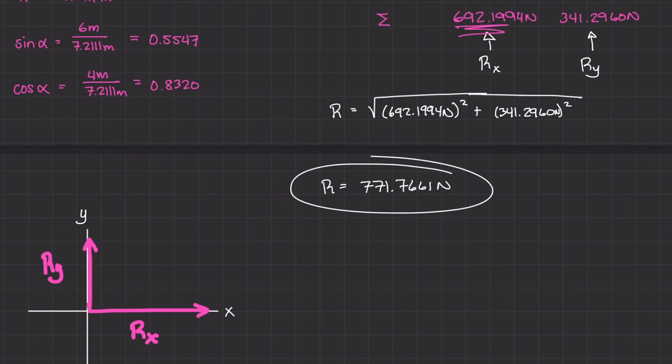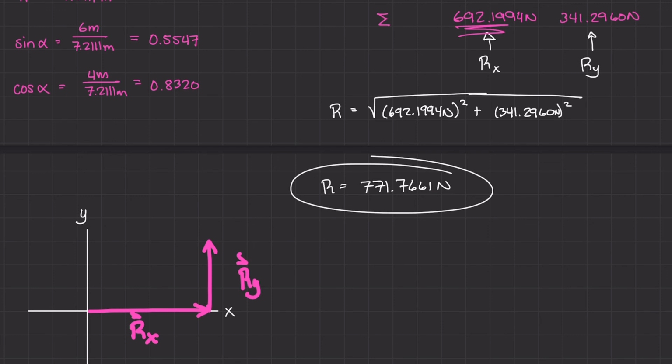Now, to figure out the orientation of the resultant force, these two forces are now vectors because we've given them directions. So this is really Ry and Rx in vector form. Now, what can I do with vectors if I need to figure out their resultant? I can add them in a tail to tip fashion, right? So this Ry, I'm going to move over here. And now I know the direction of the resultant force.